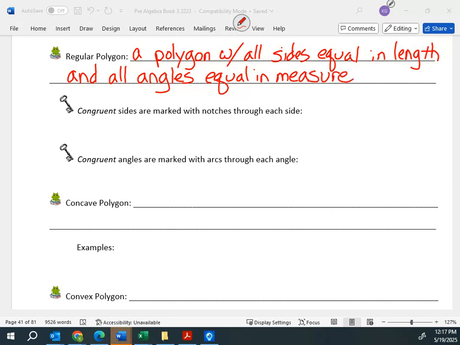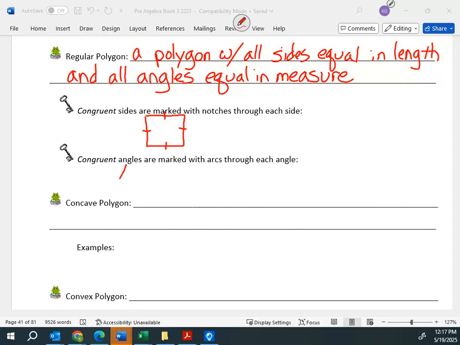So congruent sides are marked with the notches through each side, and congruent angles are marked with arcs in each angle. So somebody had mentioned the 4-sided shape being a square. A square would be a regular quadrilateral because all of our sides are equal.